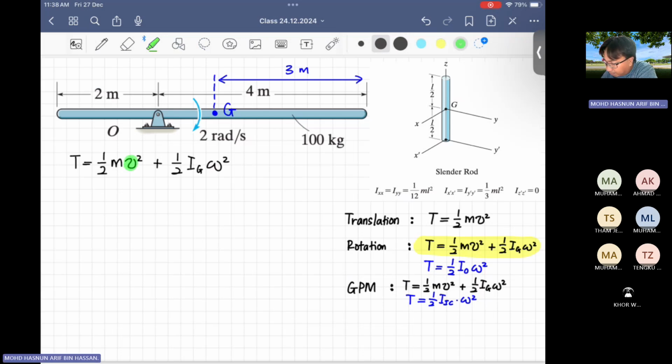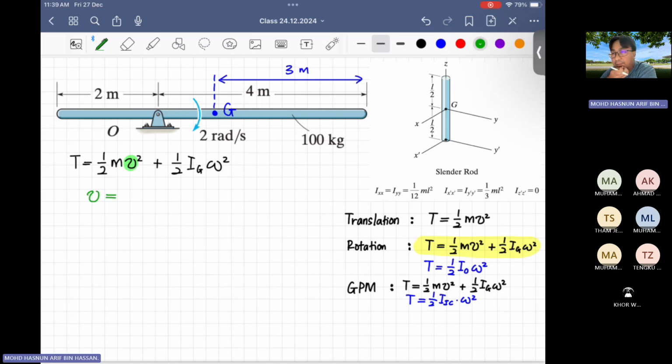Let's look at the V here. Do you know what is the value of velocity V? What is the value of velocity V? From the question. 2. 2 is not velocity. 2 is omega. 2 rad per second is omega.